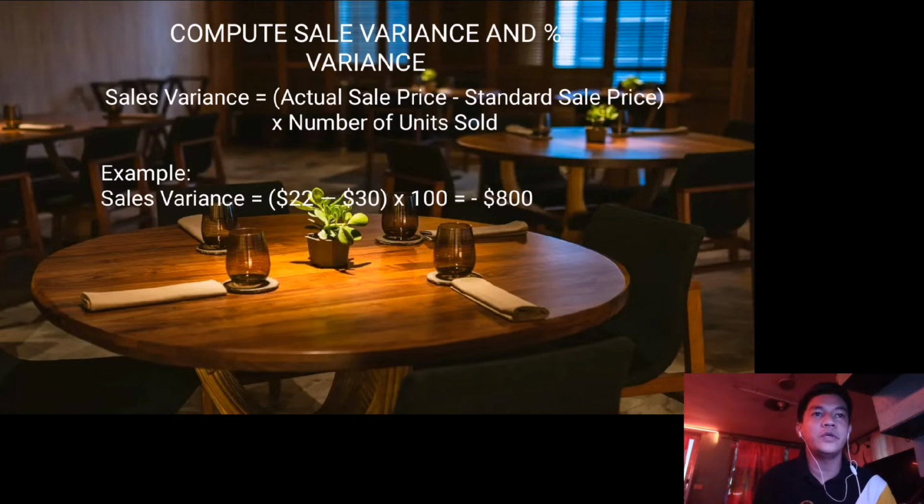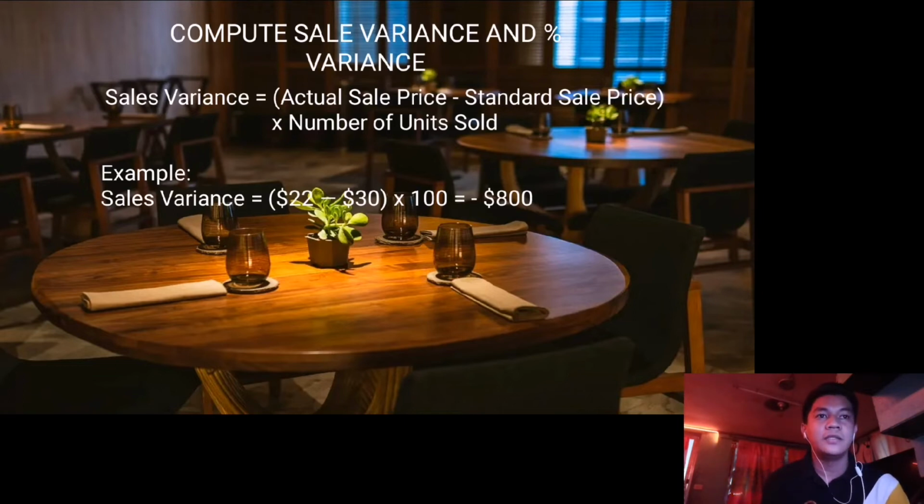During this sale period, your company sells all 100 potted plants for $22. Using the formula, we can calculate the sales variance for the potted plants. From this calculation, we can see there was an unfavorable variance of $800 from the sale of the potted plants.